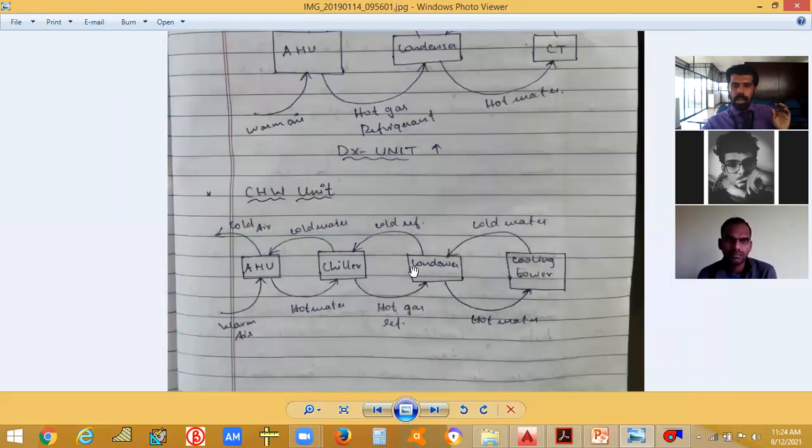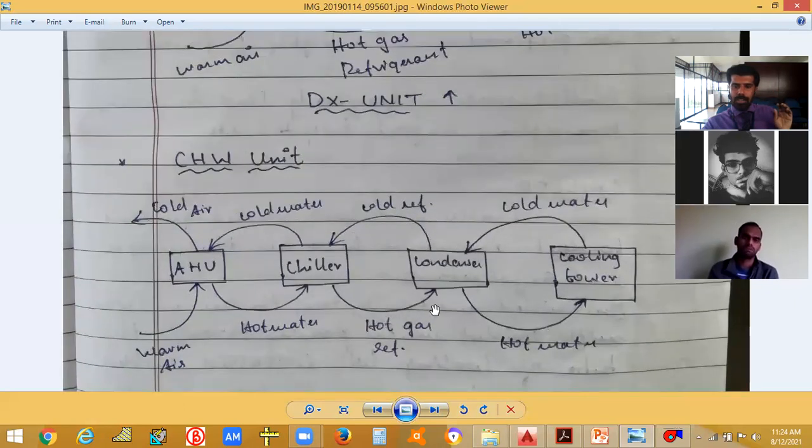So here an extra setup is there which is known as condenser, which produces cold refrigerant. What is the use of this cold refrigerant? The use of this cold refrigerant is that the hot water should be converted to chilled water by the help of this refrigerant. Understood what I am saying? Okay.